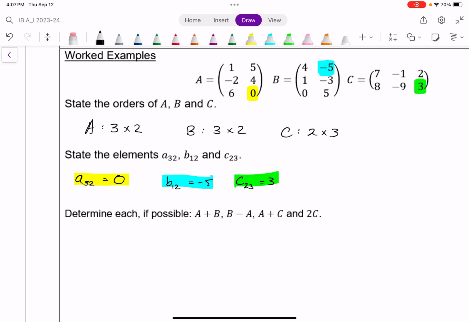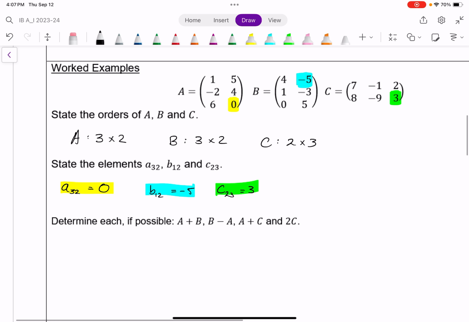And now finally, determine if possible what I get when I add or subtract or multiply these matrices in different ways. And it's not always possible. To add or subtract matrices together, they have to have the exact same order. And so I can add A and B together quite nicely. How do I do that? Just by adding the elements in order. So this element with this element.